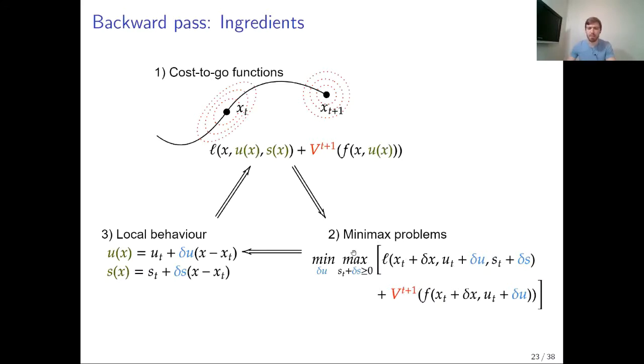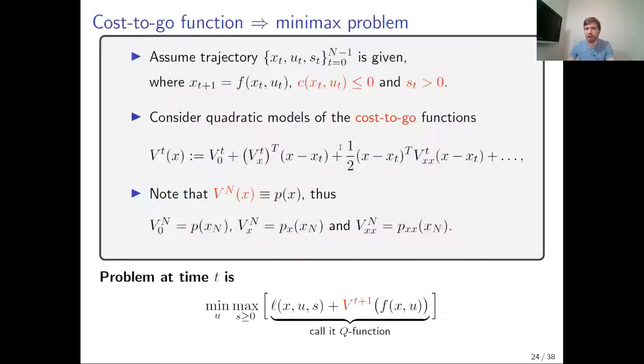And from these minimax problems, we're hoping to get a local behavior for the solution, so we can formulate another problem with cost-to-go function Vt instead of Vt plus 1 this time. So let's go from cost-to-go function to minimax problem. As I told you before, we have a cost-to-go function at the latest step for t equals n.